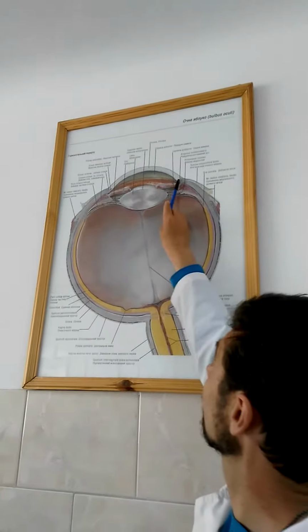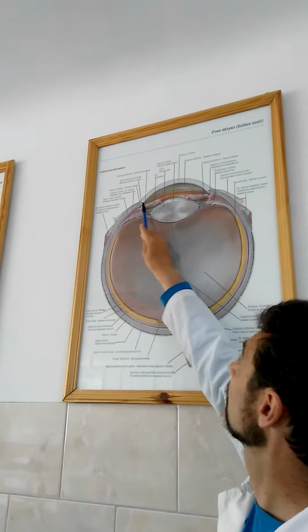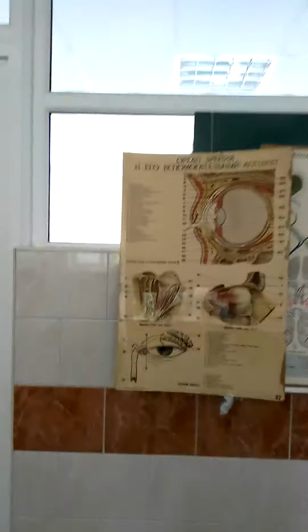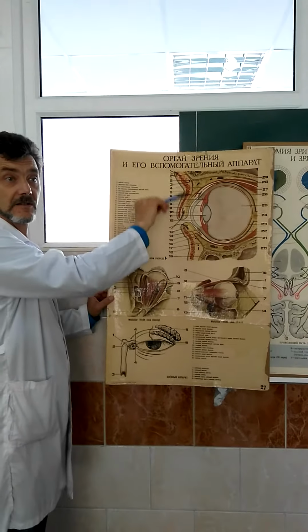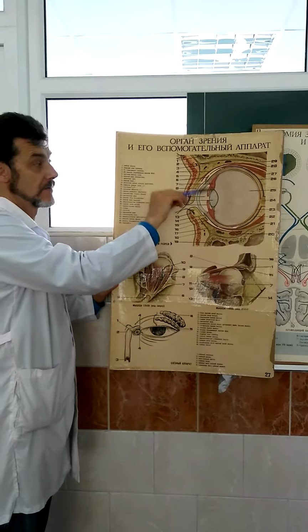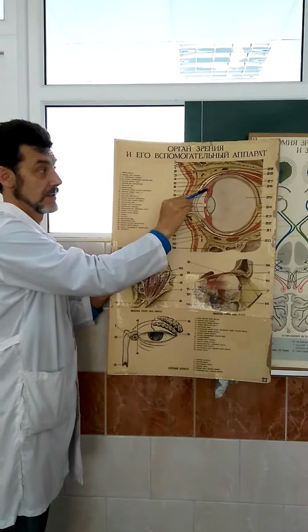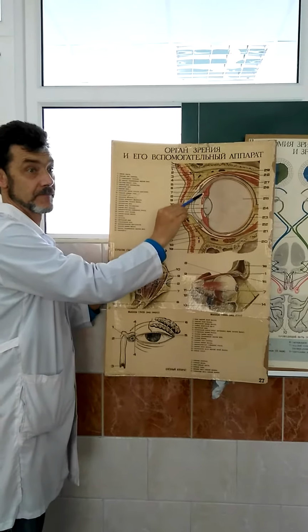So, between sclera and cornea, in this place, you can see sinus venosus sclerae. It's around the margin of cornea. Located inside.